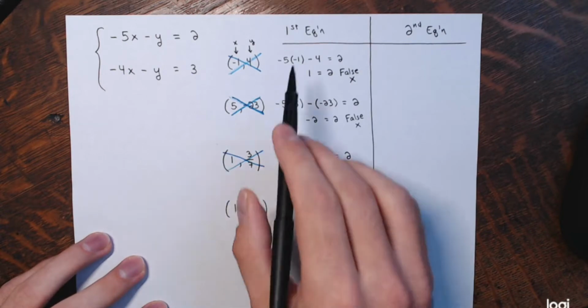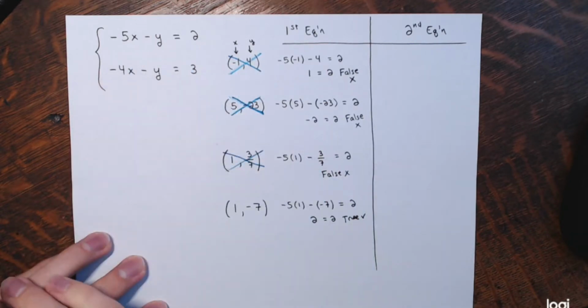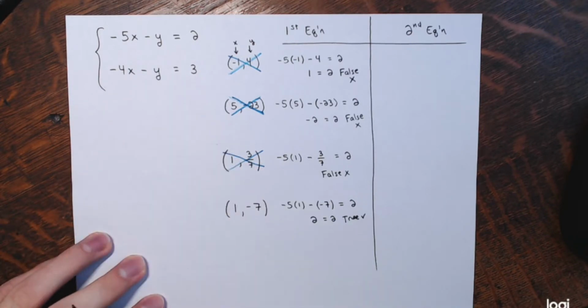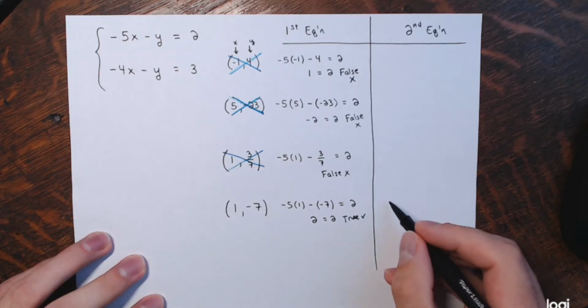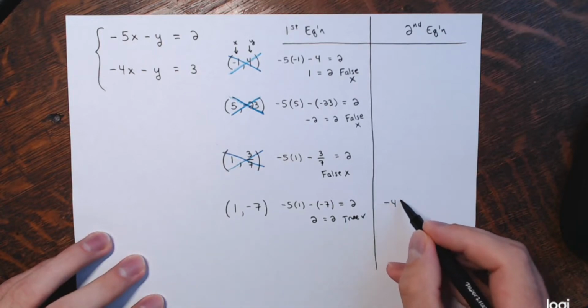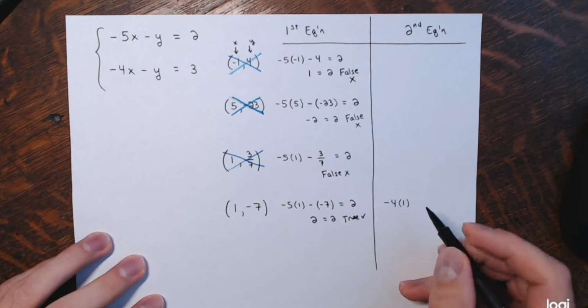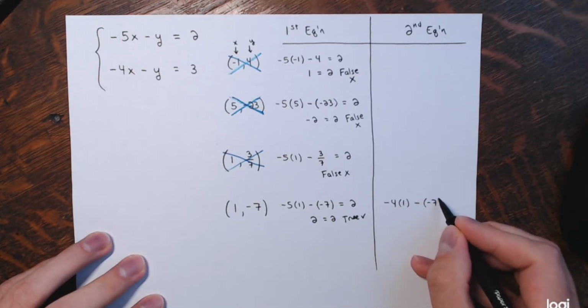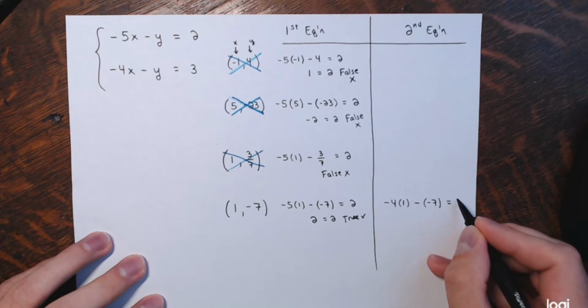This ordered pair is a solution of the first equation, but again, in order to be a solution of the system, it has to be a solution to all the equations. So second equation, we have negative 4 times x, so negative 4 times 1, minus y, so minus negative 7. And is that equal to 3?